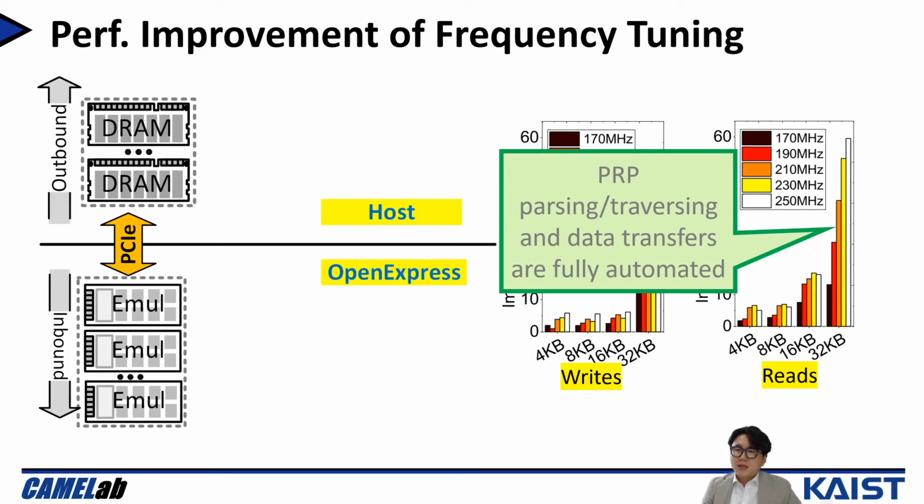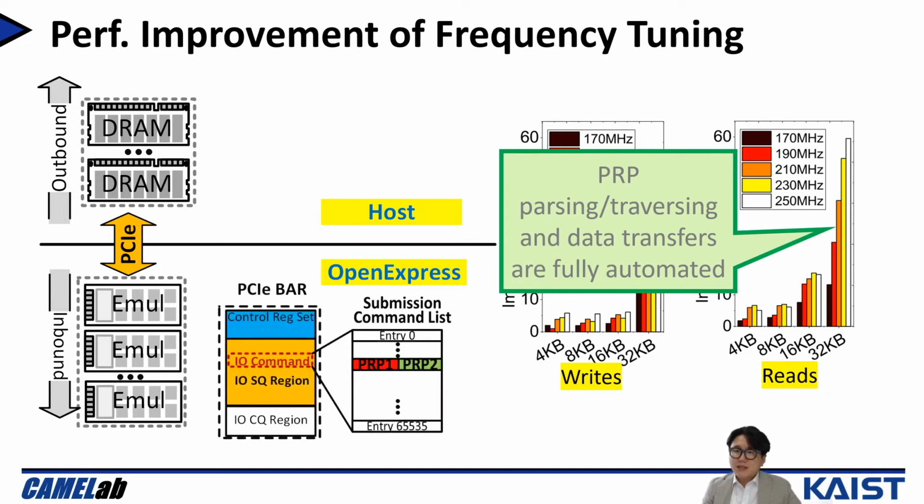The NVMe device exposes PCI base address registers, called BAR. When a user submits a request, the request includes PRP that indicates where data is. If the request size is smaller than or equal to 4 KB, it can be directly transferred from the host to the underlying storage media. That's everything.